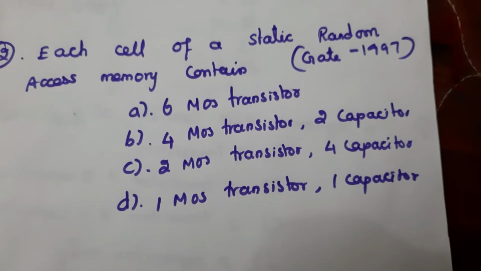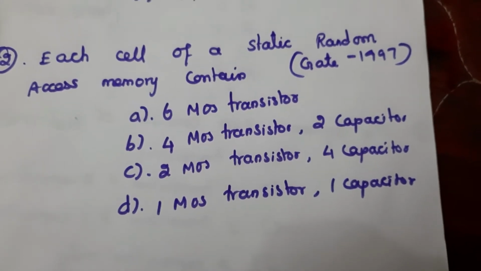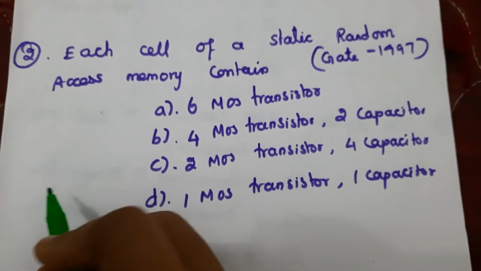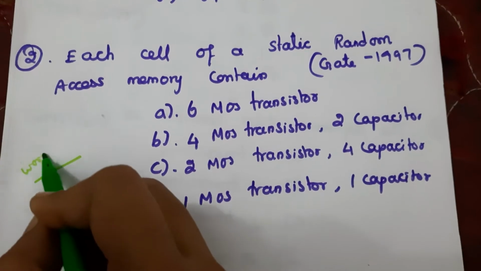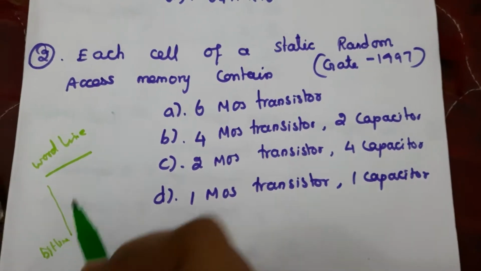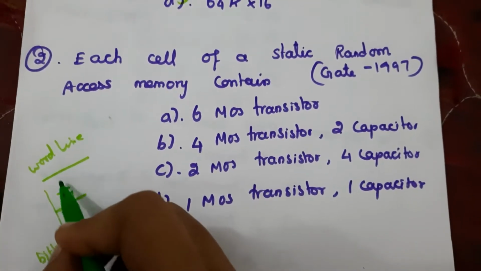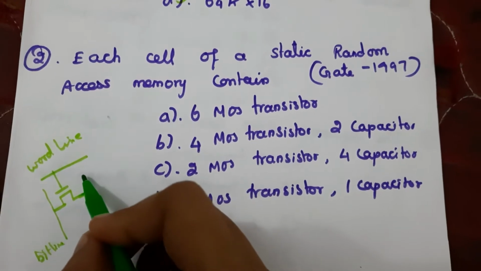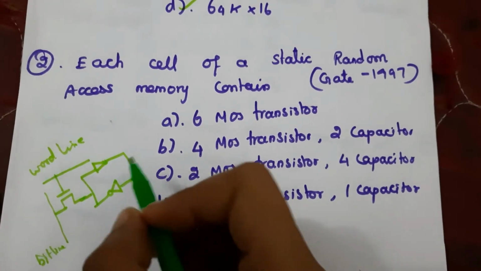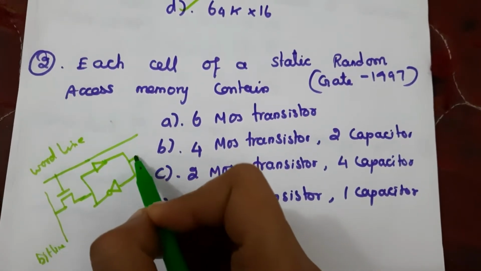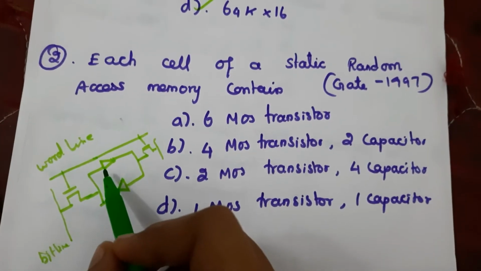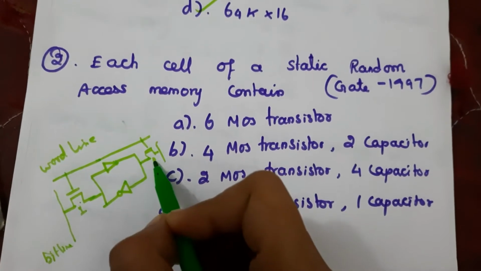Next question, each cell of static random access memory contains, and this is a question from GATE 1997. Here in static RAM, this is the word line, this is the bit line. This is one MOS and this is connected to an inverter, and another MOS is connected likewise.